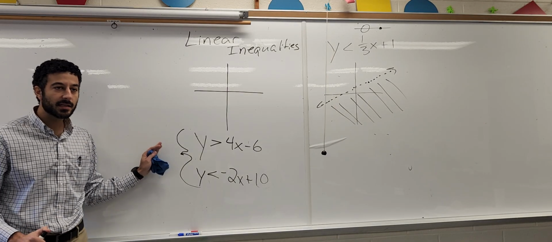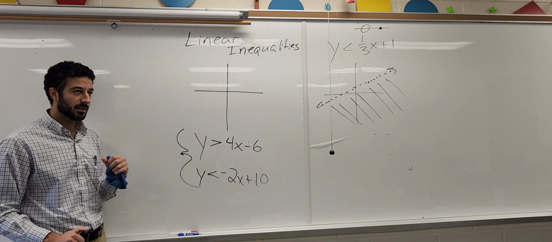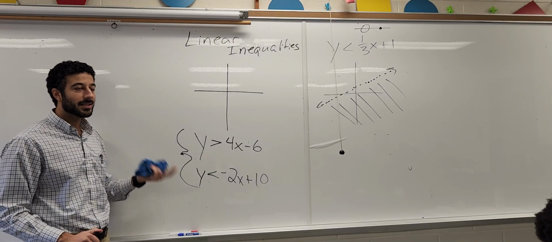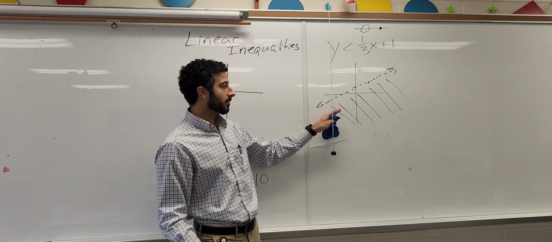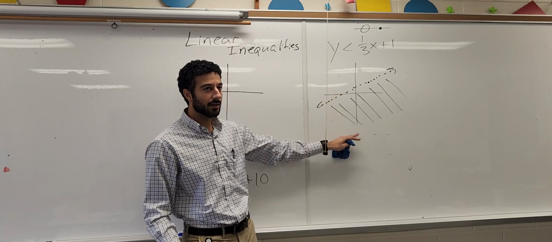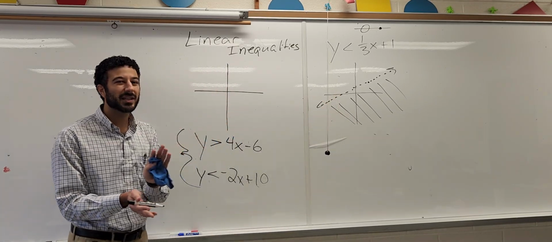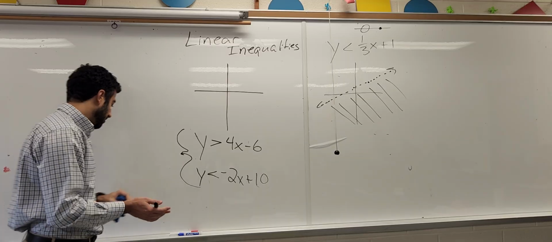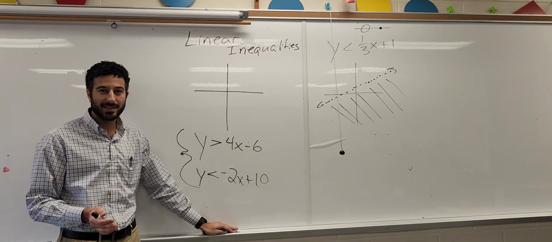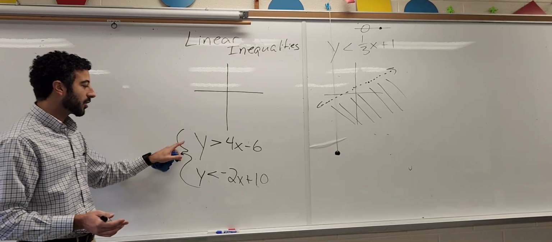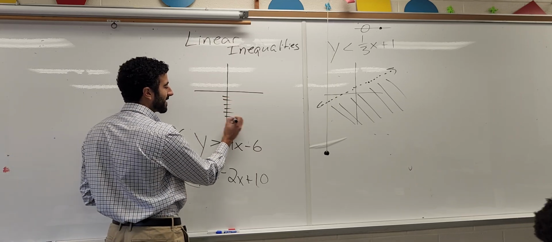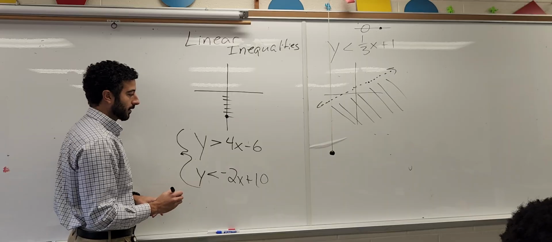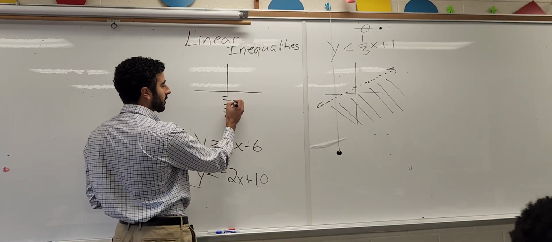Because it is a system of inequalities, you will do the shading, but you're looking for the shaded region in common. That's why I brought these colors with me, so we can see that illustration. Let's start by graphing these equations. So 4x minus 6, and up 4 over 1, so it looks something like this.